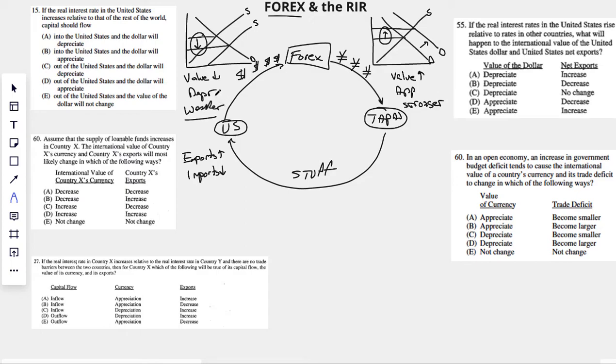So as American dollars are getting weaker, or the value is going down, or it's depreciating, it becomes a better buy for Japanese. So our exports in the U.S. would go up, but obviously our imports, everything else with a weaker dollar, would look more expensive to us.